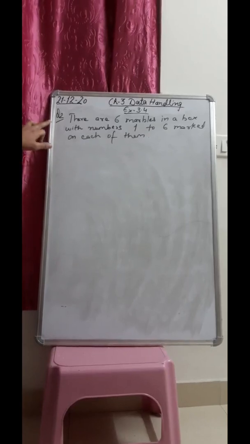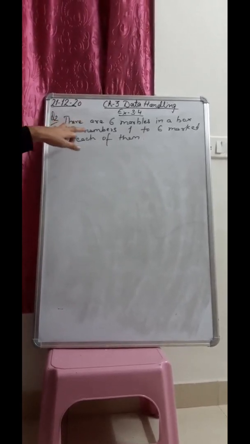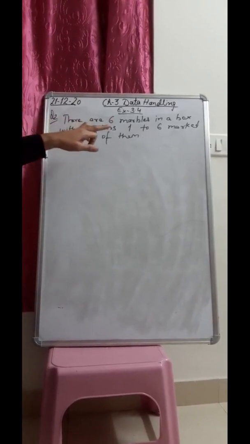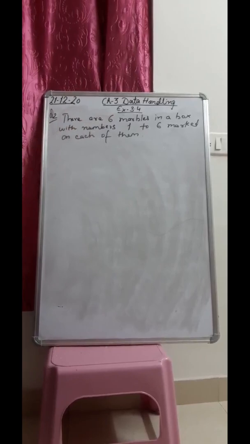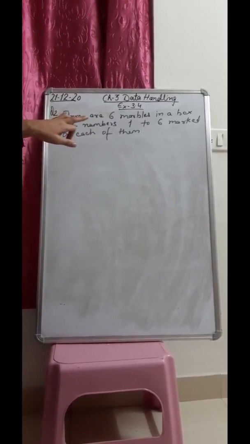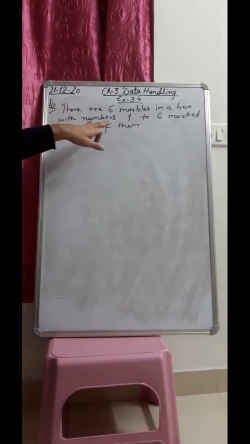Now students, the next question is: there are 6 marbles in a box with numbers 1 to 6 marked on each of them. In this question we are saying that in a box there are 6 marbles marked 1 to 6.